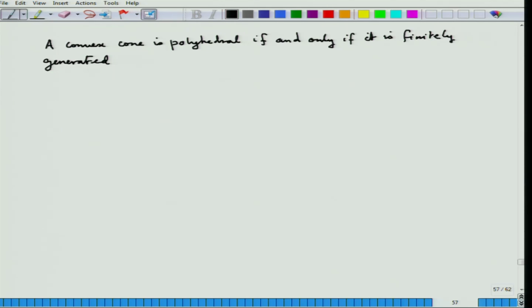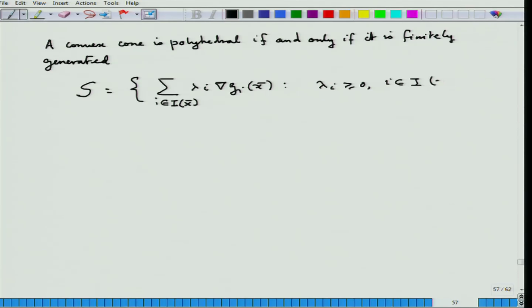Now, if you look at the set S, which is given in this way, this set is a finitely generated set, where the generators are these gradient vectors.